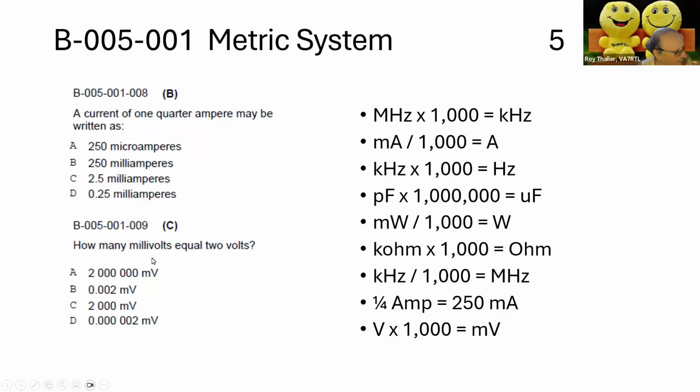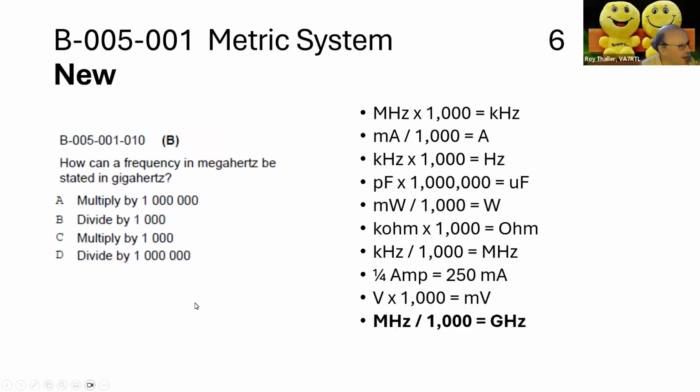Here is another question. How many millivolts equals 2 volts? Here you have to multiply by 1,000. So 2 times 1,000 is 2,000 millivolts. So C is the correct answer. Here's a new question. Here they're asking you to convert from megahertz to gigahertz.